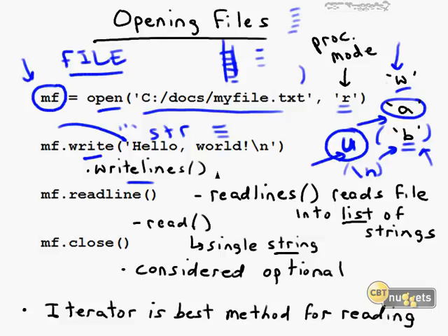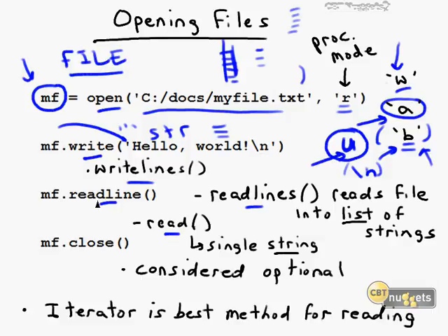On the other side of the equation, to read a file, we again have quite a bit of choice: readline, readlines, and read. When are you going to use which? Readline is used, in my experience, for smaller files or files where you're not looking to scan the entire thing.